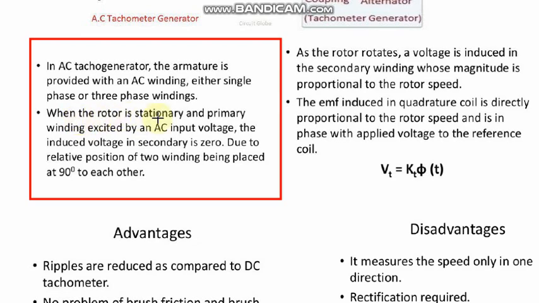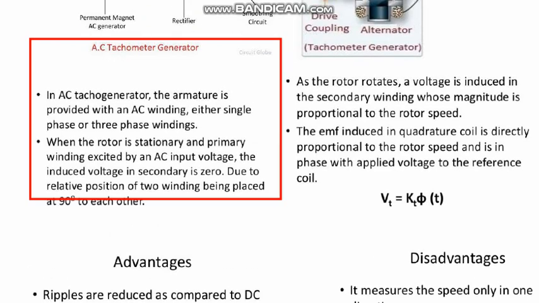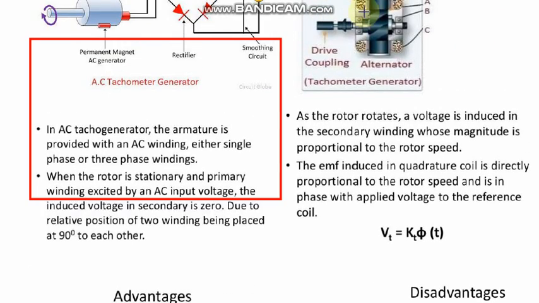When the rotor is stationary and the primary winding is excited by an AC input voltage, the induced voltage in the secondary is 0, because in the diagram we just have watched there are two windings, but constructionally these two windings are at 90 degrees apart.